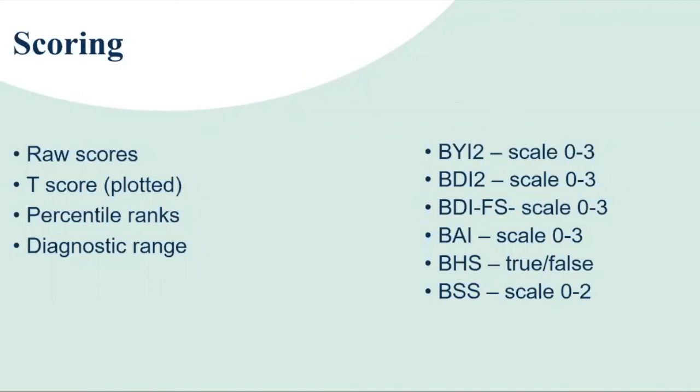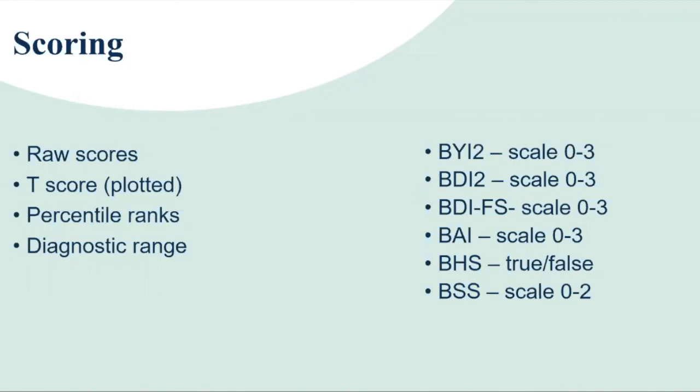So the percentile ranks of the particular T-score indicates how many individuals within that norm group obtained that score or lower. And finally, the diagnostic range gives information to interpret the results in terms of the severity of levels of, for example, depression or anxiety or hopelessness.